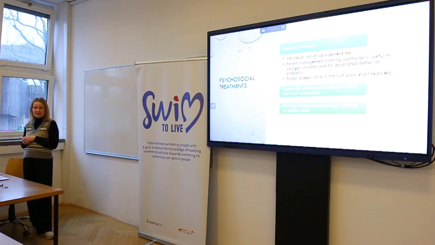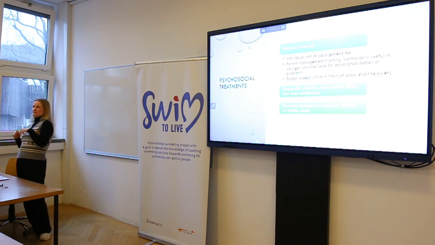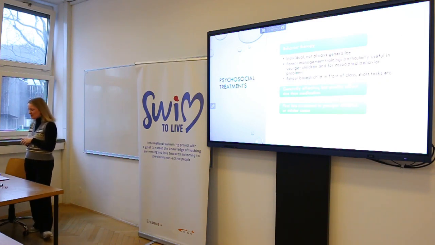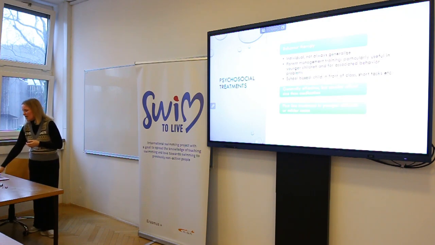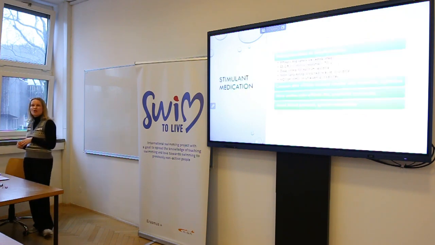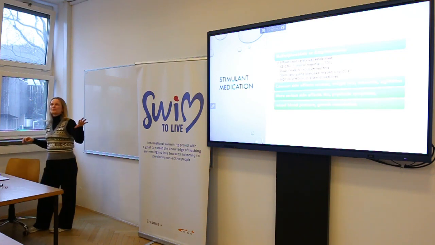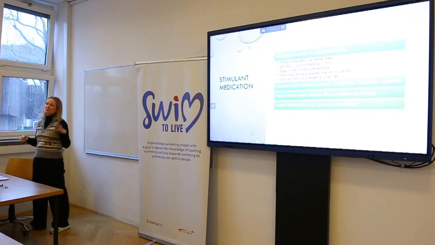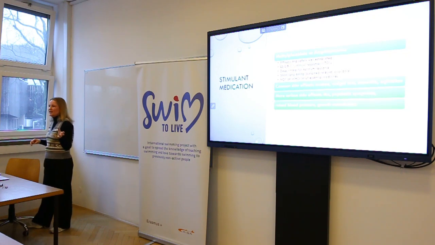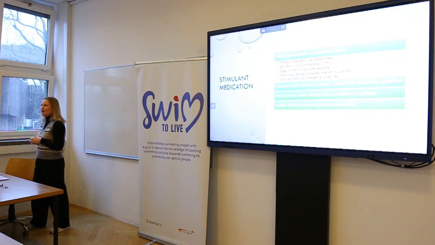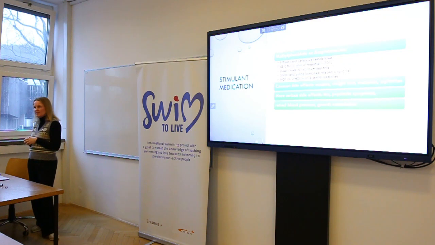Of course, as first-line treatment, we don't jump immediately to pharmacotherapy when we diagnose a child or adolescent. So we have two groups of pharmacotherapy. The best known one is stimulant medication. You surely heard about Ritalin. It's methylphenidate, with very high effectiveness. Around 70 to 80% of children respond positively to this treatment.